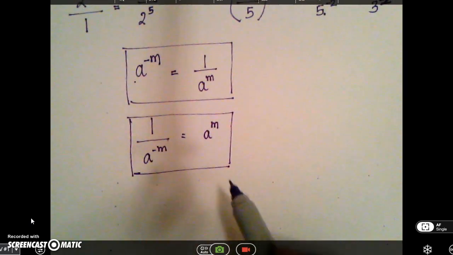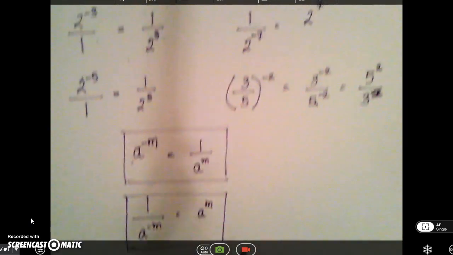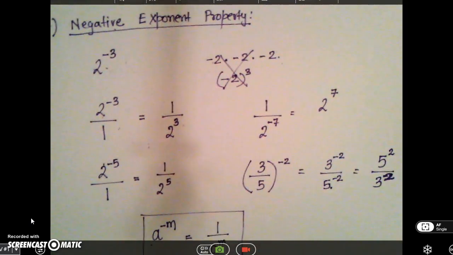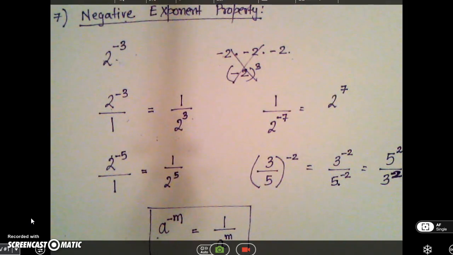So that's the negative exponent property. So please go over all these properties. We can use these properties to simplify exponential expressions, and also in rational exponents. That's what we're going to see in the part 2 video of lesson 2.1.